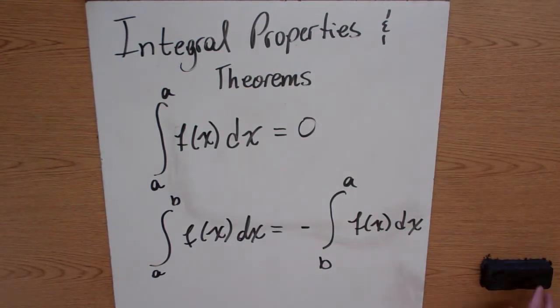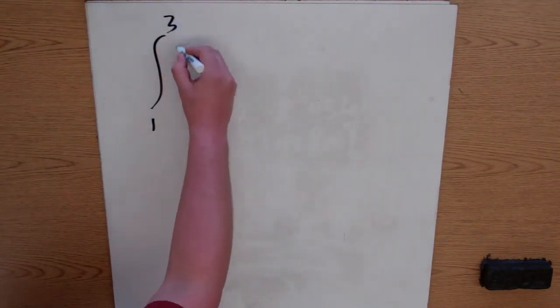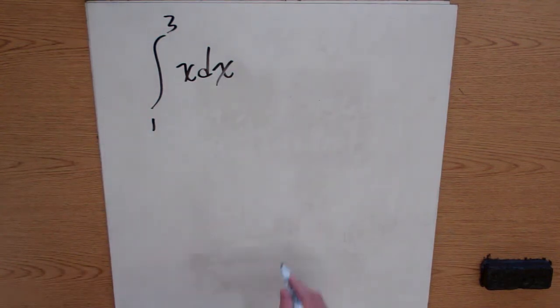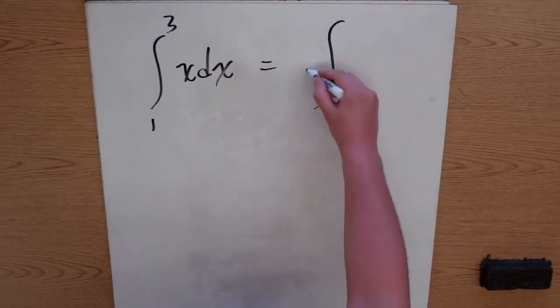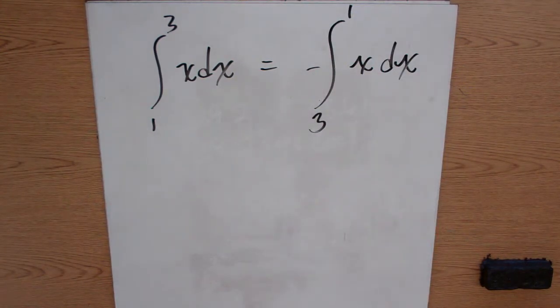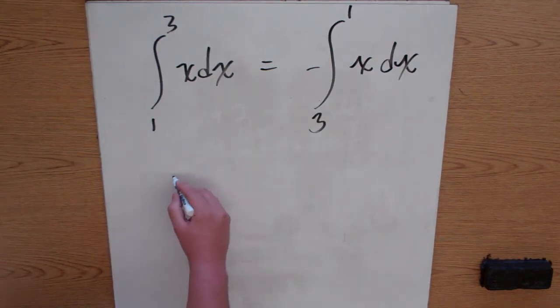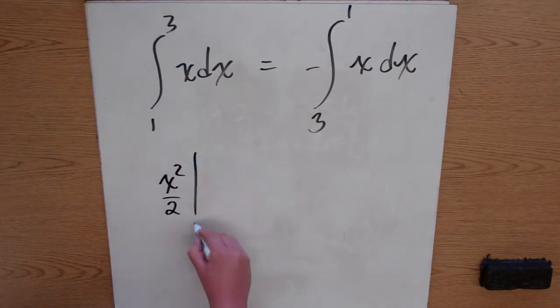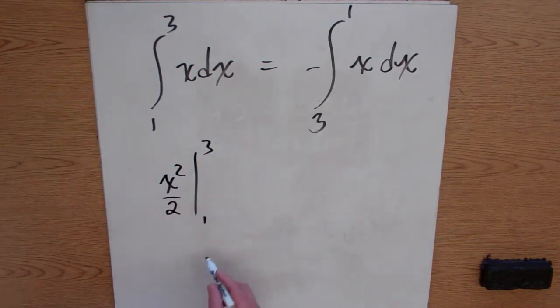Alright, let's look at a quick example of that, shall we? Let's look at x integrated from 1 to 3. We're going to prove that that equals negative the integral from 3 to 1 of x dx. So when you integrate this, you're going to get x squared over 2, from 1 to 3.